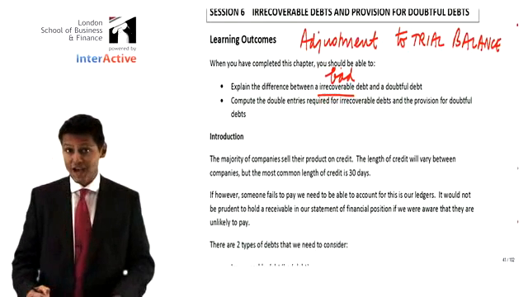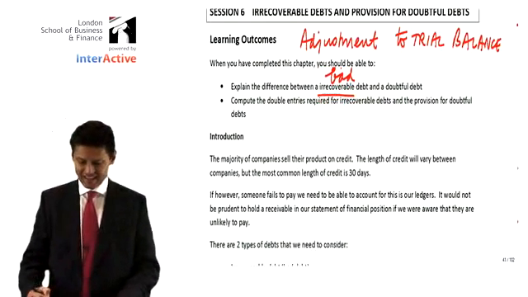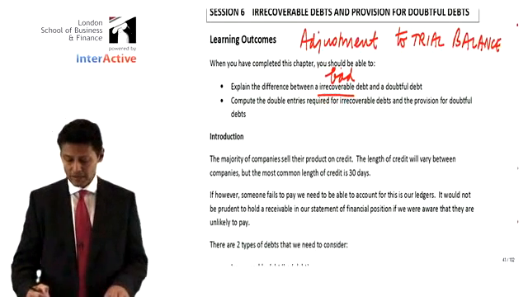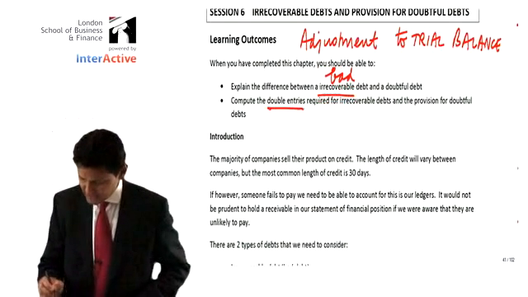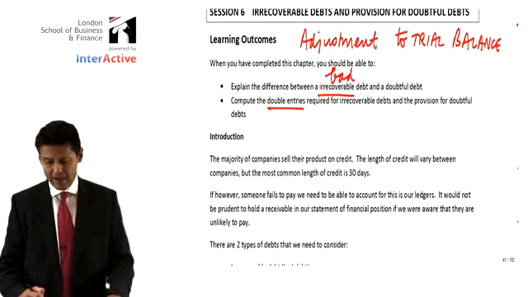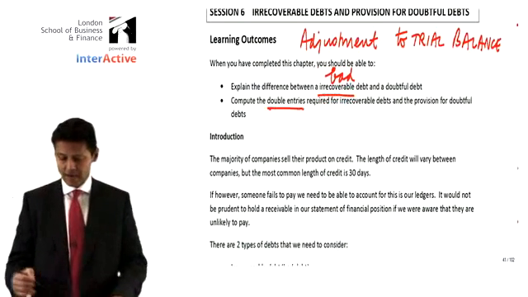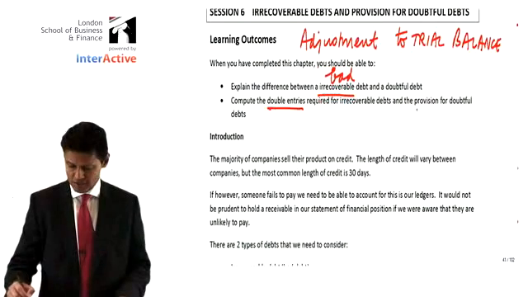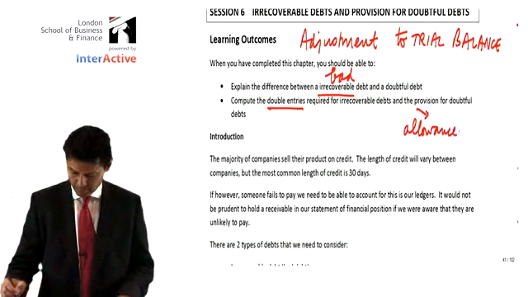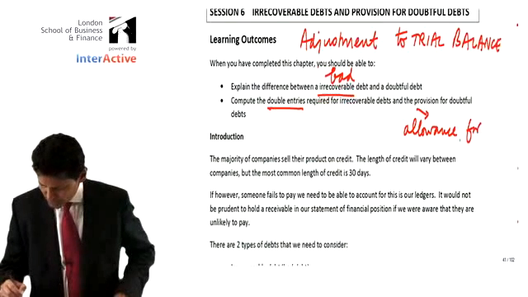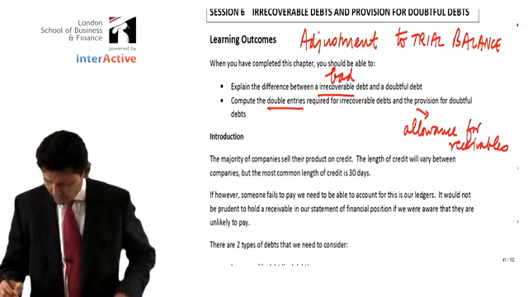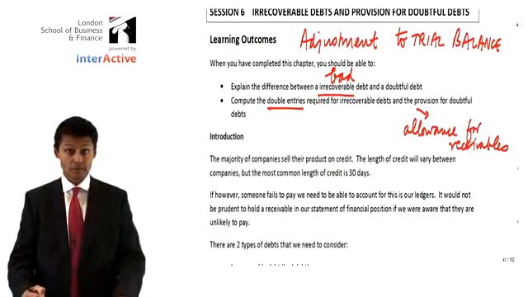It's showing bad signs. You then have to be able to compute the double entries for irrecoverable debts and the provision for doubtful debts. Now, this provision for doubtful debts, sometimes described as allowances, allowance for receivables. Be ready for either expression from the examiner.